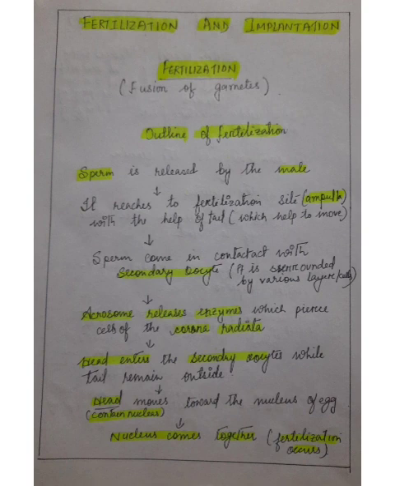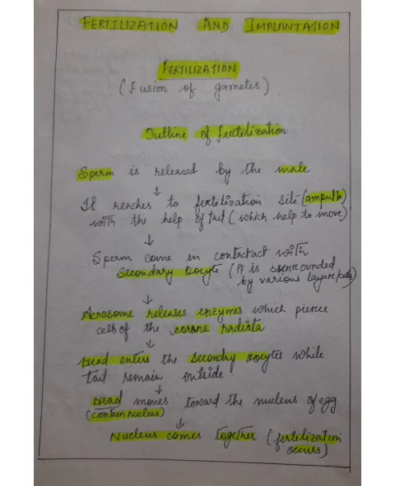Then the sperm comes in contact with the secondary oocyte. Okay, and the secondary oocyte is surrounded by various layers of cells. Then the acrosome releases enzymes which pierce the cells of the corona radiata. So in a diagram you will see the corona radiata.